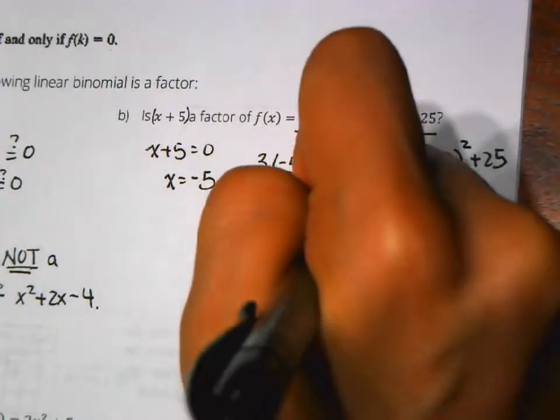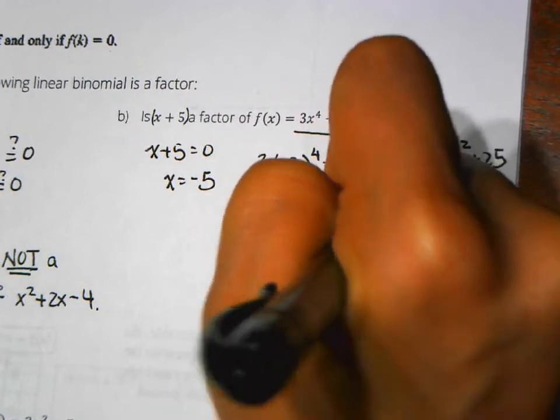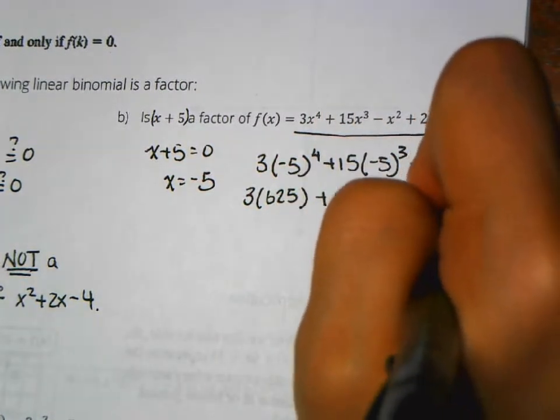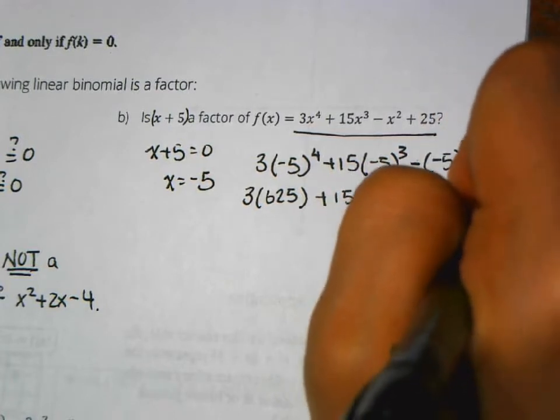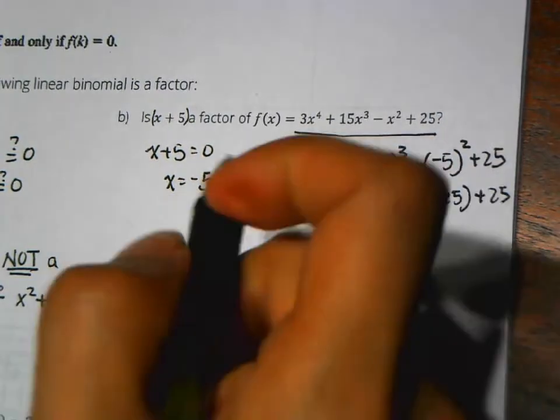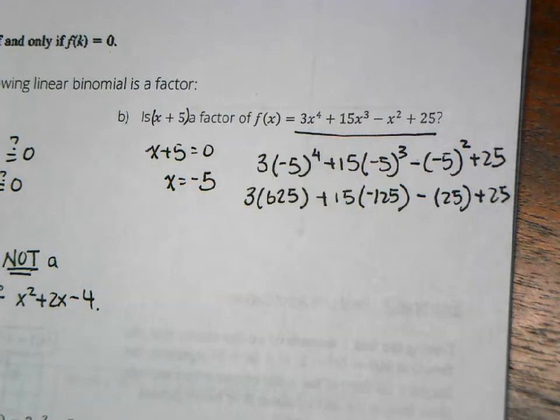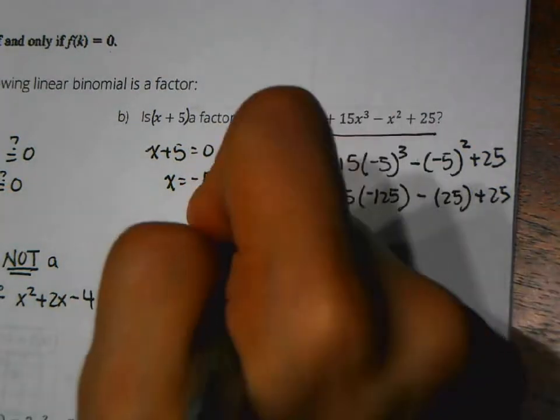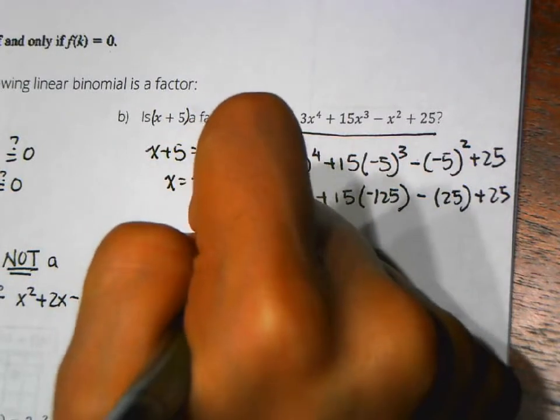So plus 15 times negative 125, minus negative 5 times negative 5 is 25, plus 25. Okay? So you have 3 times 625. That's going to give you 1,875.